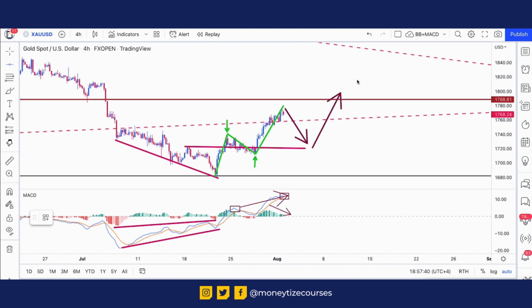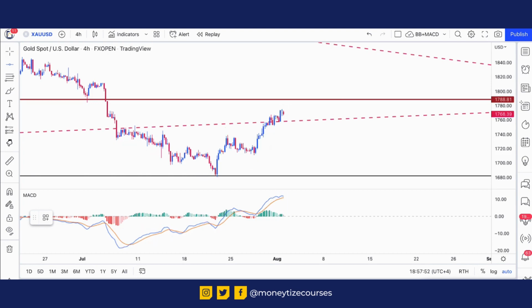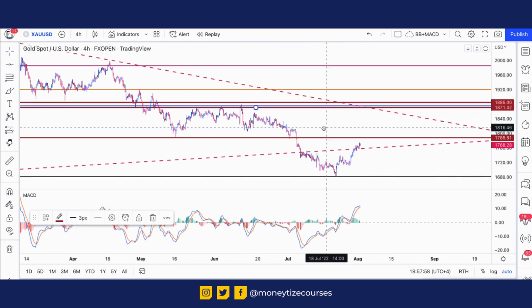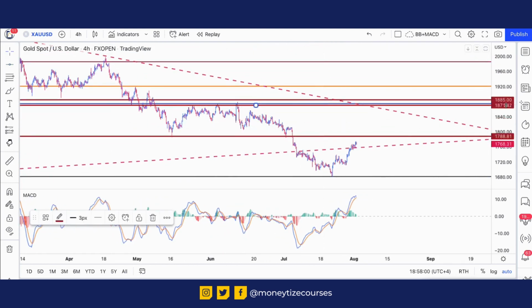So this rise could be towards 1825, or let's see the Fib numbers. So this is the zone 1871 to 1885. Based on the previous downward cycle, this is the 50% retracement level.